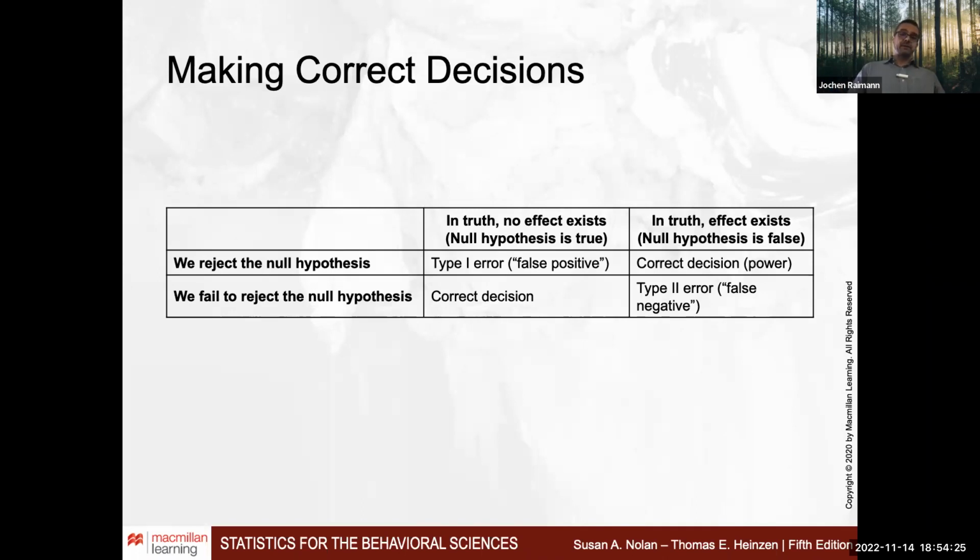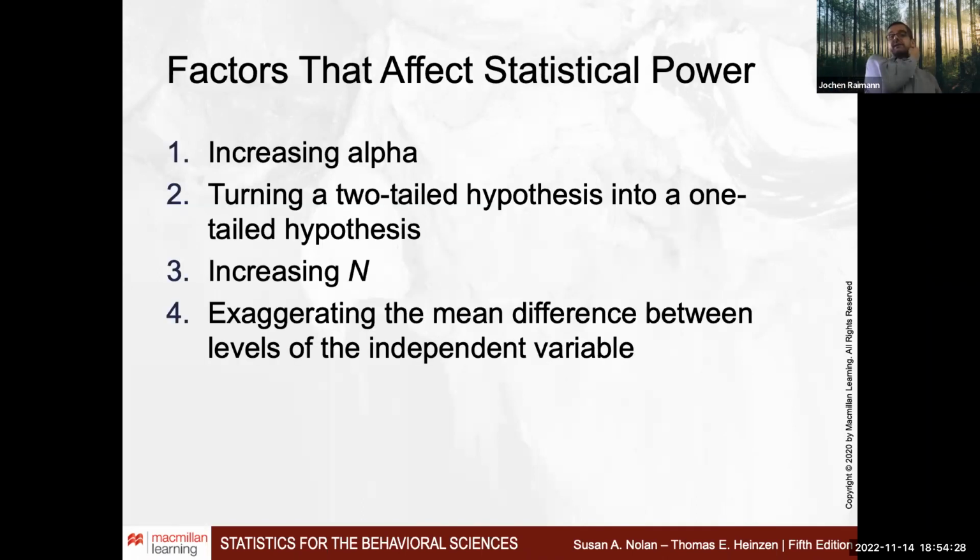That's usually a sample size problem, because the factors that affect statistical power are increasing the alpha, so accepting more type 1 error, moving from a two-tailed to a one-tailed hypothesis, increasing the n and thereby changing the variability, or exaggerating the mean difference by intensifying your intervention.